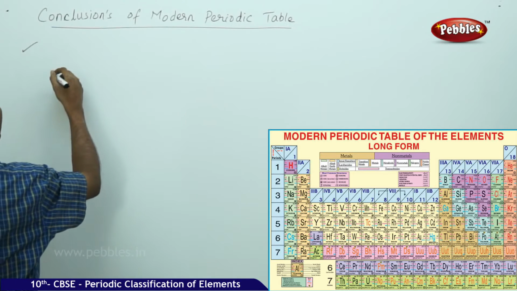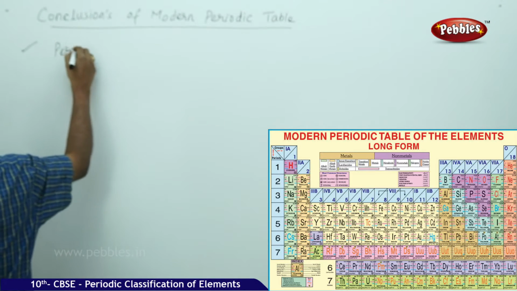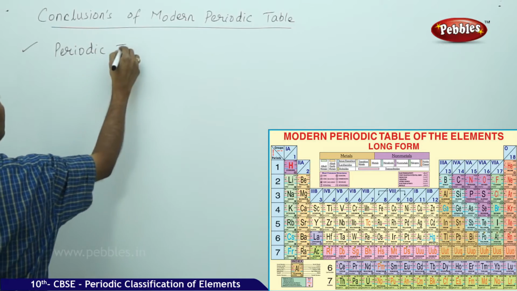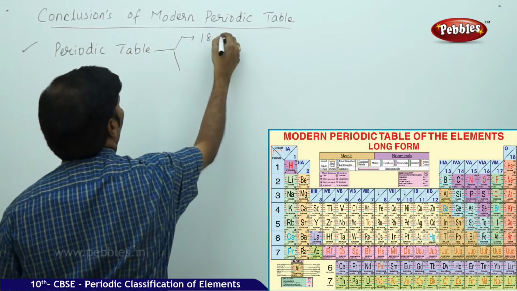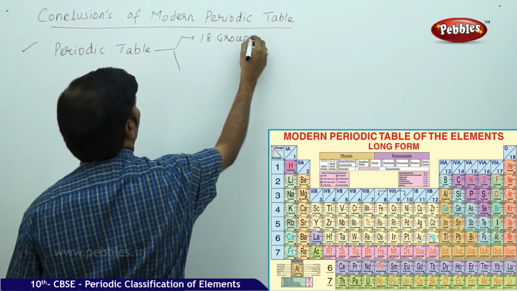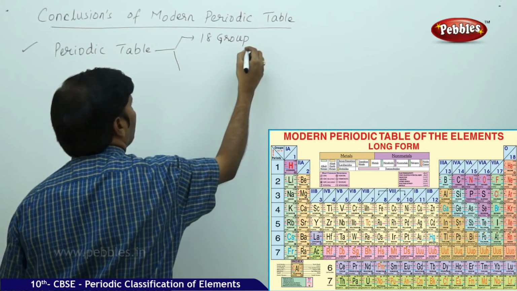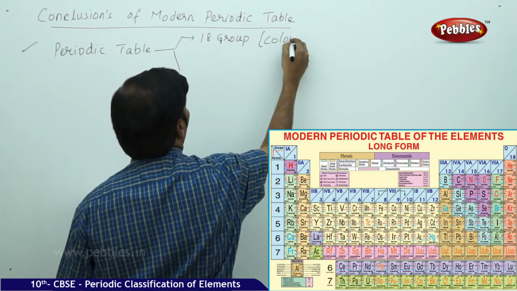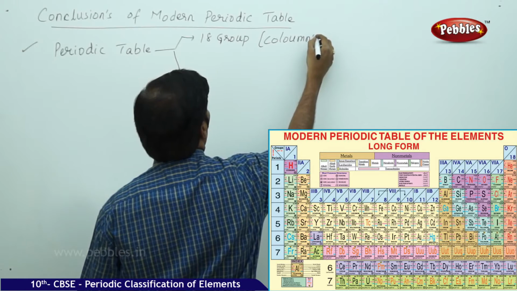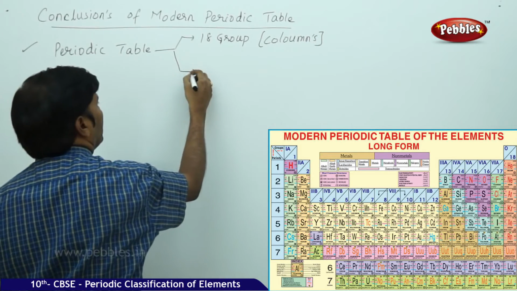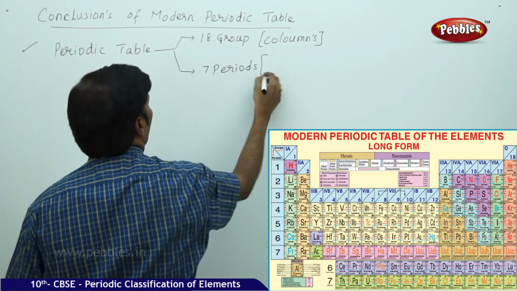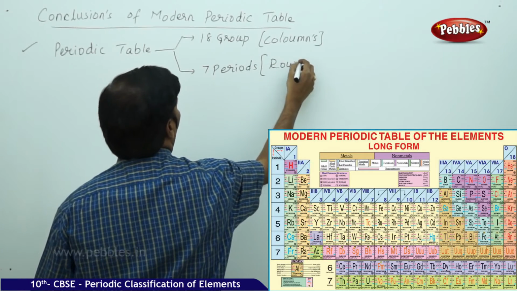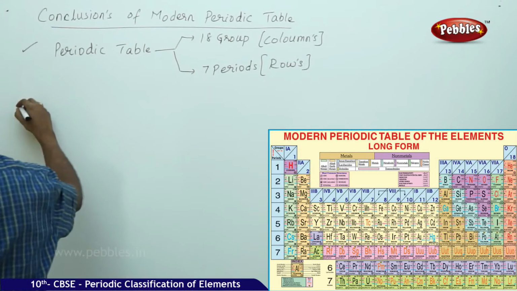According to the modern periodic table, it is made of 18 groups, also called columns, and 7 periods, which we also call rows.